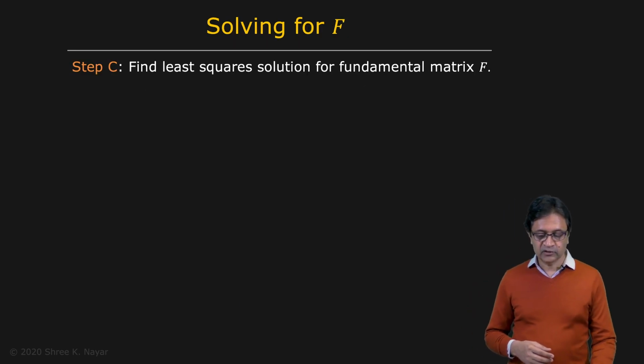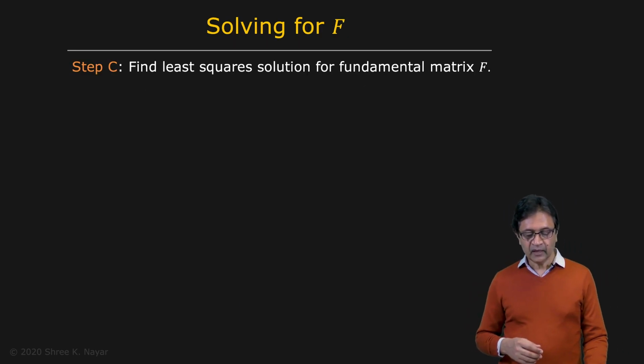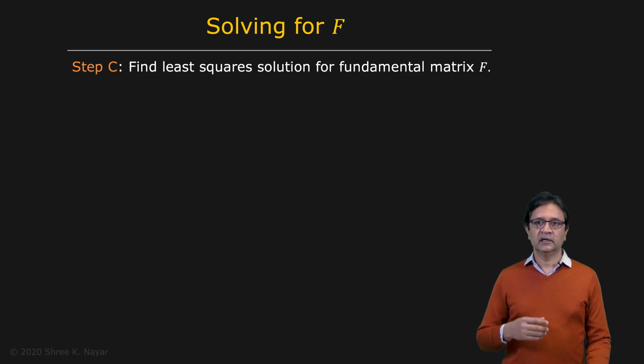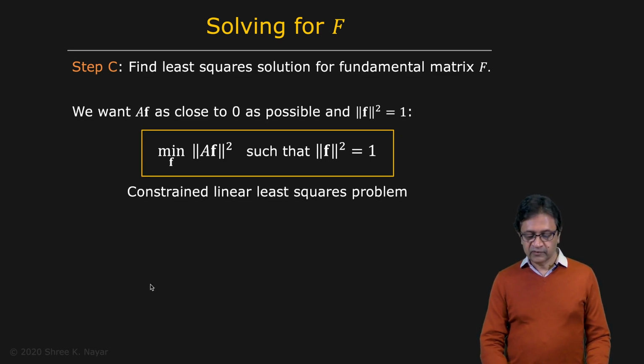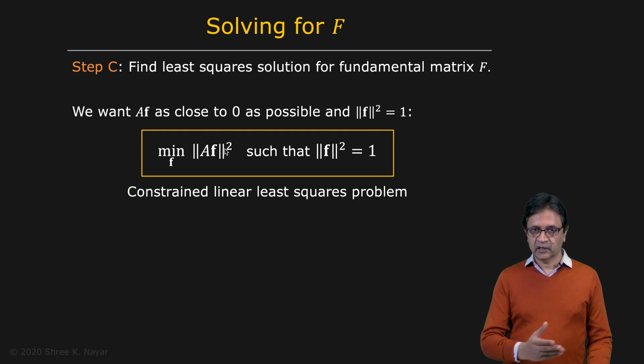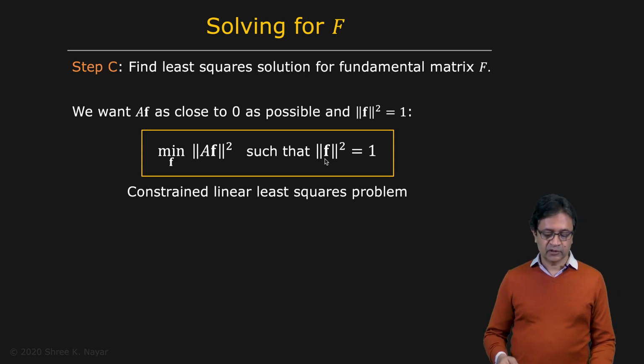Once you've done that, we can solve for F. It turns out to be a least squares solution, where we say that we want to find the F that minimizes the norm of AF squared. This is from our epipolar constraint and the equation that we got, and such that the norm of F squared is equal to 1, which is essentially saying we are fixing the scale of F. And this is a form that we have seen many times in the past.